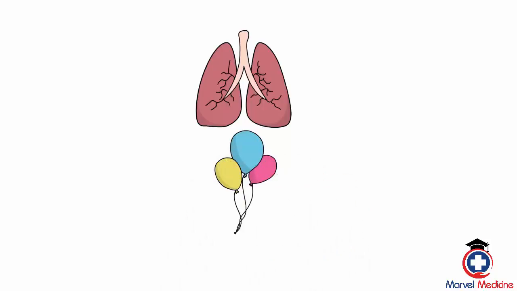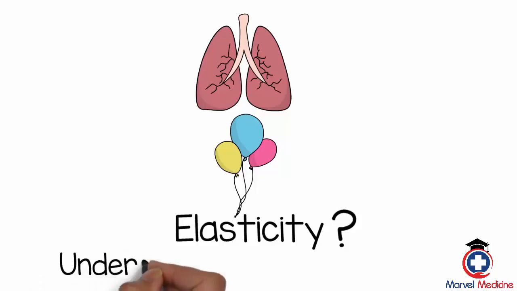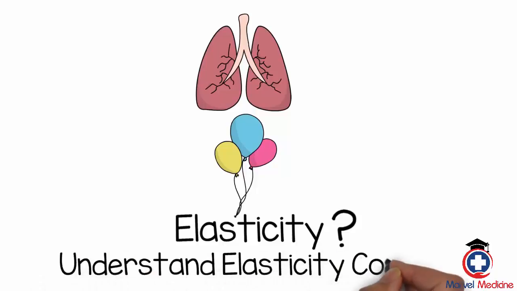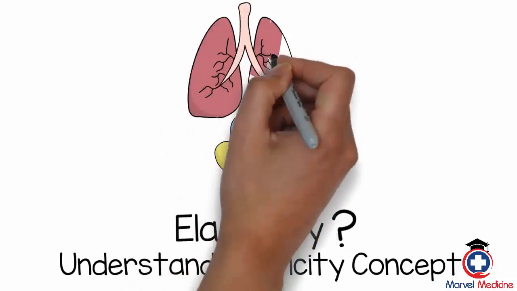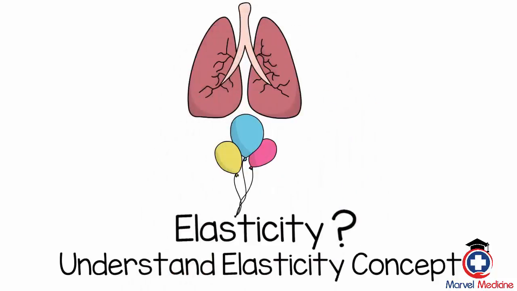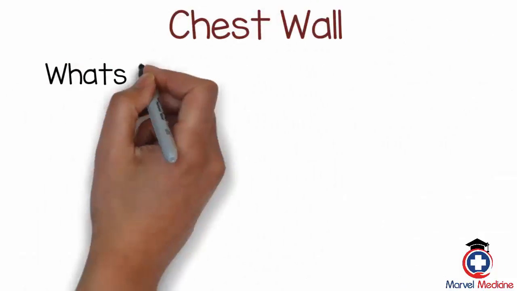When you blow air in them, what do they want to do? Contract back. Why? Because of elasticity. If you're wondering what elasticity is, go to our elasticity lecture to understand that concept. This is an important thing to remember: the lungs always want to contract back to their resting state, their baseline.